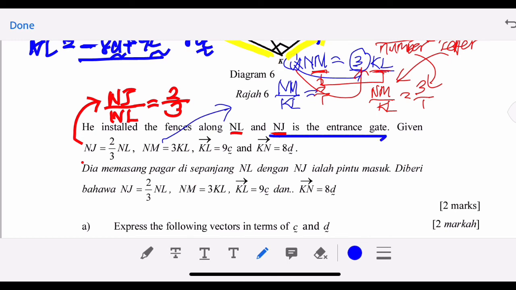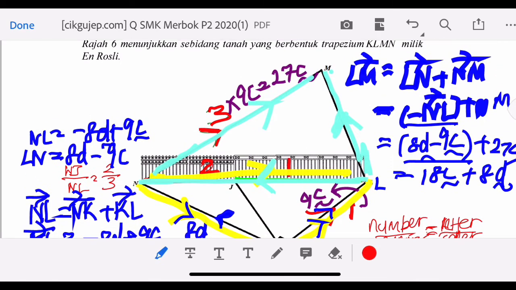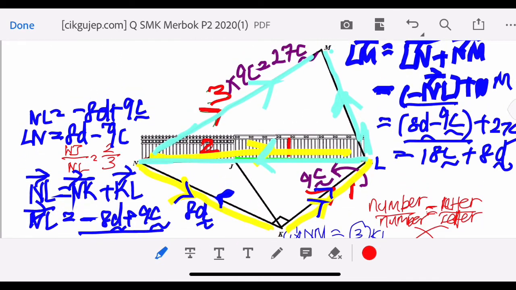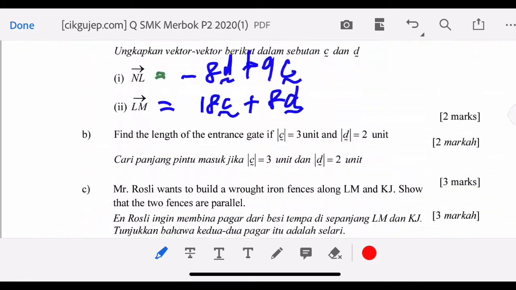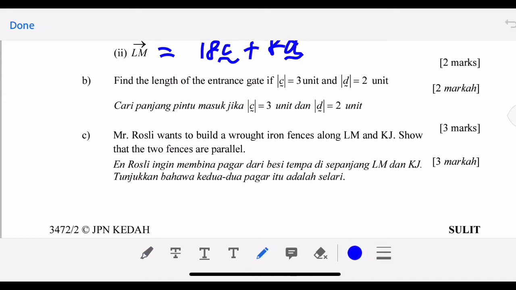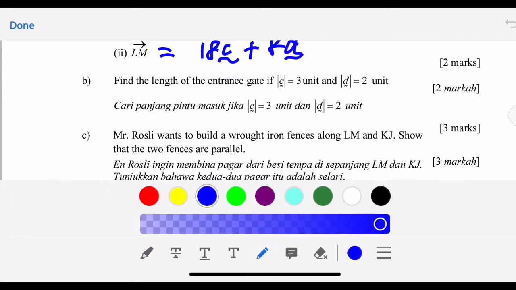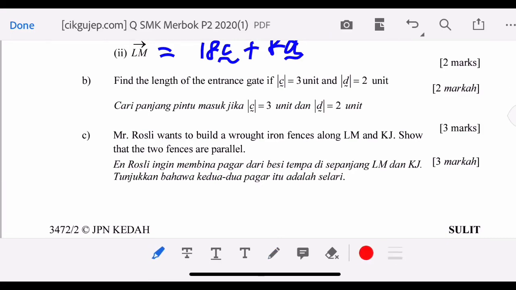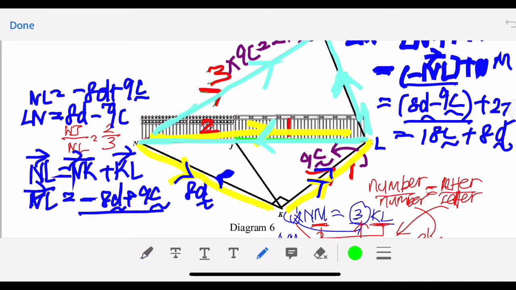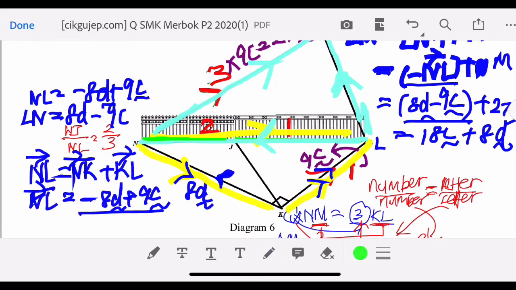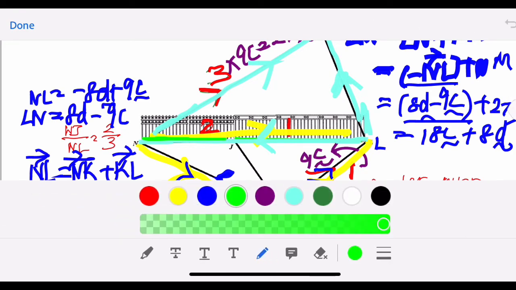He installed the fence along NL and NJ is the entrance gate. So let's go to the diagram and label where the entrance gate is. Can you see NJ? We are going to find the length of the entrance gate, with the condition that 1C is 3 and 1D is 2. I use a green color to write down the entrance gate for you.